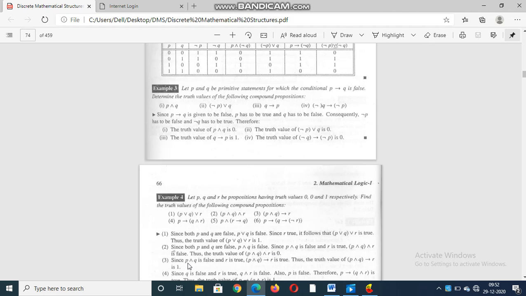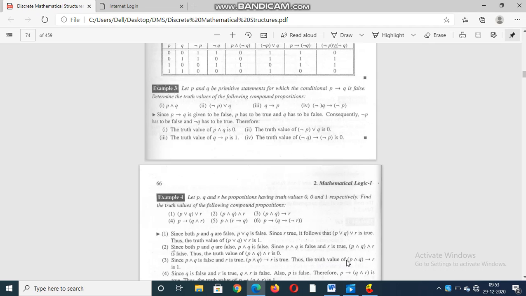The third one, P conjunction Q implies R. What is the output? Definitely the answer is 1, because 0 implies 1, the output is 1. Since P conjunction Q is false, P value and Q value both are false and R is true, so P conjunction Q implies R is true.